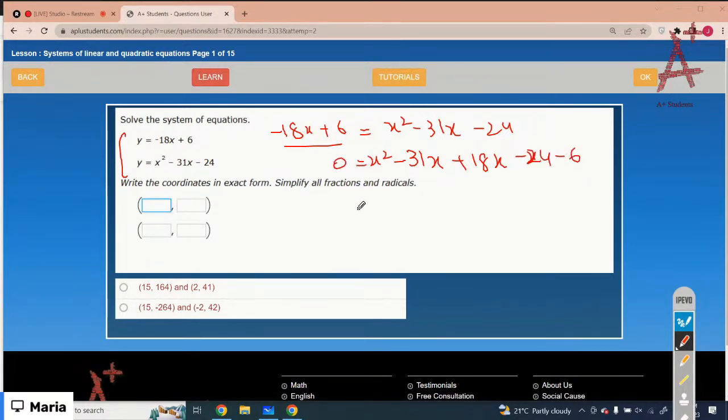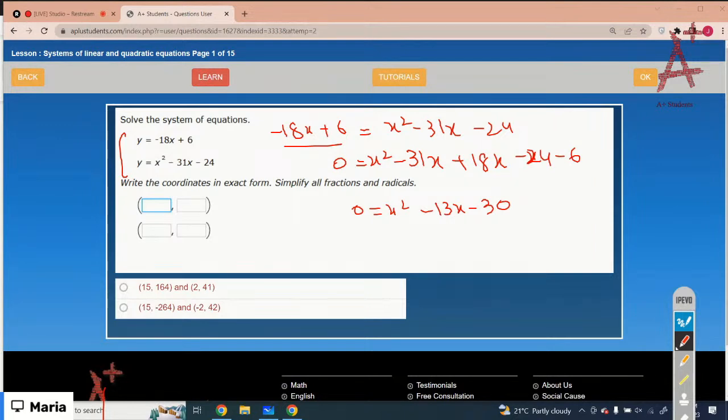Here you have 0 equals x square minus 31 plus 18 is minus 13x and minus 30. Got it? Now you have to solve this equation using either the quadratic formula or whatever you want to use. That's how you solve the system of linear and quadratic equations.